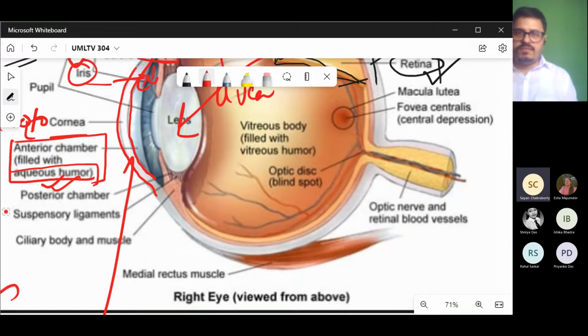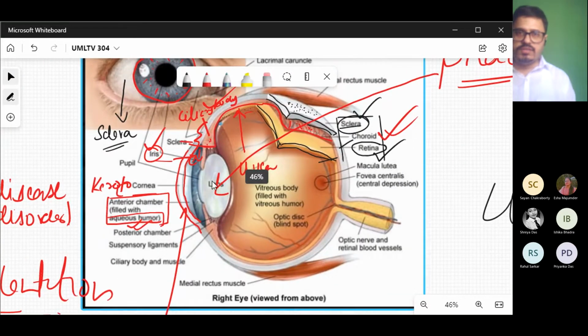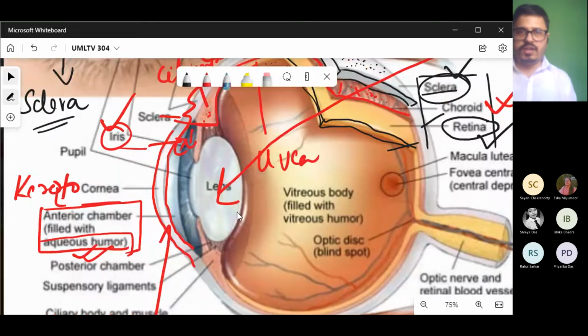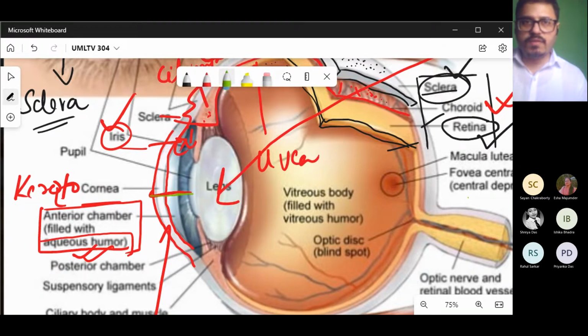So can you tell me about that aqueous humor once more? Sure. If you look into the structure of this eyeball, there is a part in front of the lens. Let me pick up a totally different color so that I can label well.